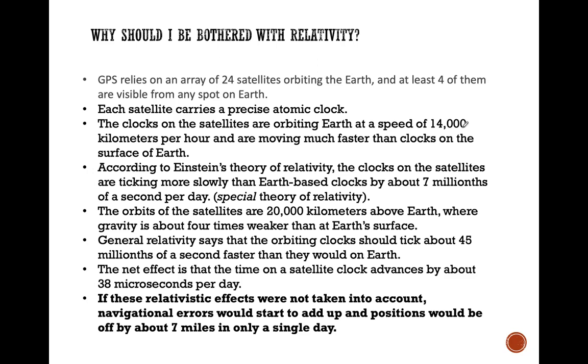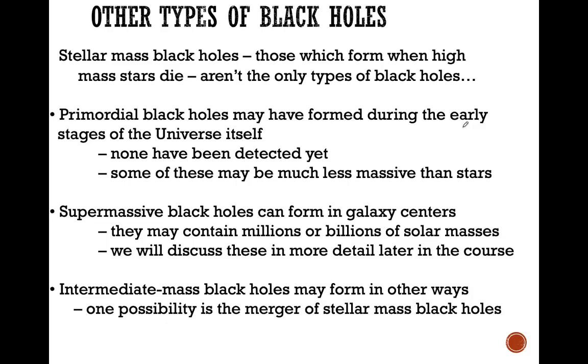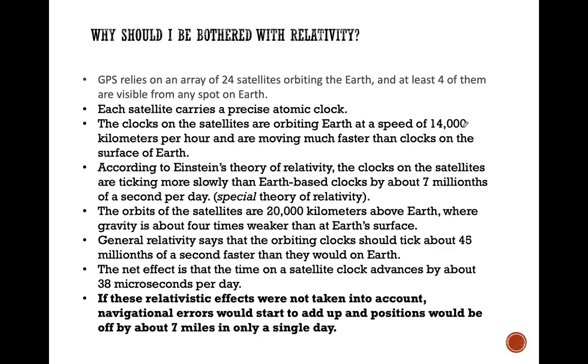We will not go into these calculations, but this is why these relativistic theories are important. Sometimes students think that nobody is using these things, but in real situations, people are actually using them for calculations. If not, all of your coordinates will be completely wrong, right? Think about a difference of 7 miles in one day. 7 miles means how many kilometers? It's around 12 kilometers, right? So that is just a perfect application of the theory of relativity in day-to-day life.